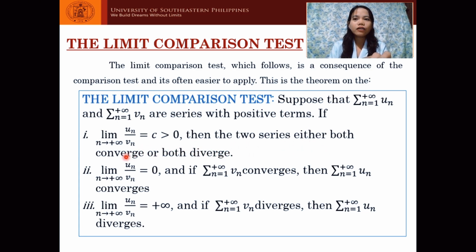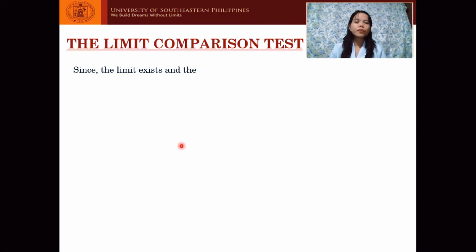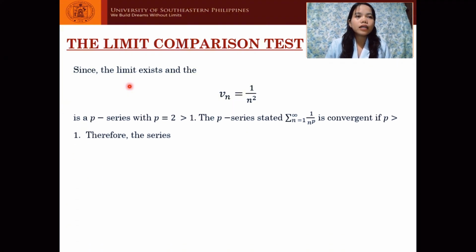So let us now find out if both series diverge or converge. Let's look at our v sub n. Since the limit exists and v sub n equals 1 over n squared, what is that? A p series with p equals 2, which is greater than 1. Then we all know that based on the p series definition, the summation of 1 over n raised to the power of p from 1 to infinity is convergent only if p is greater than 1.